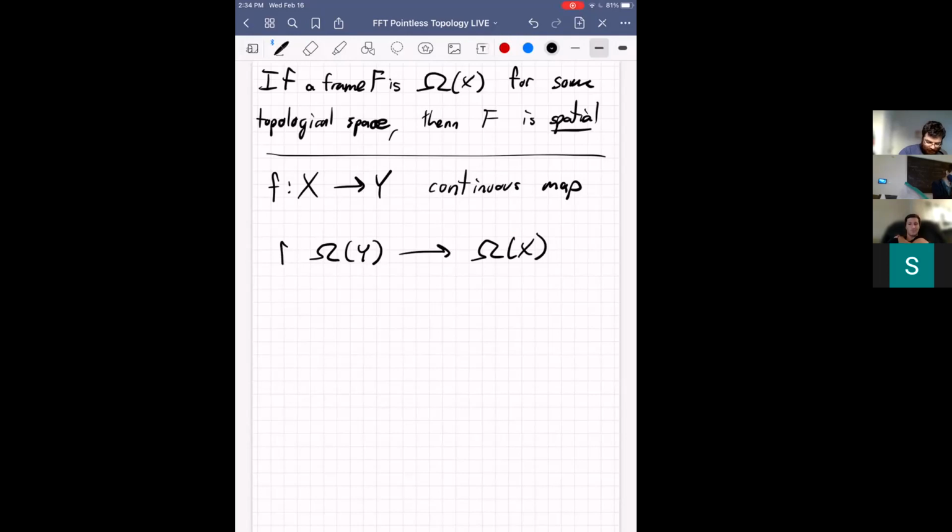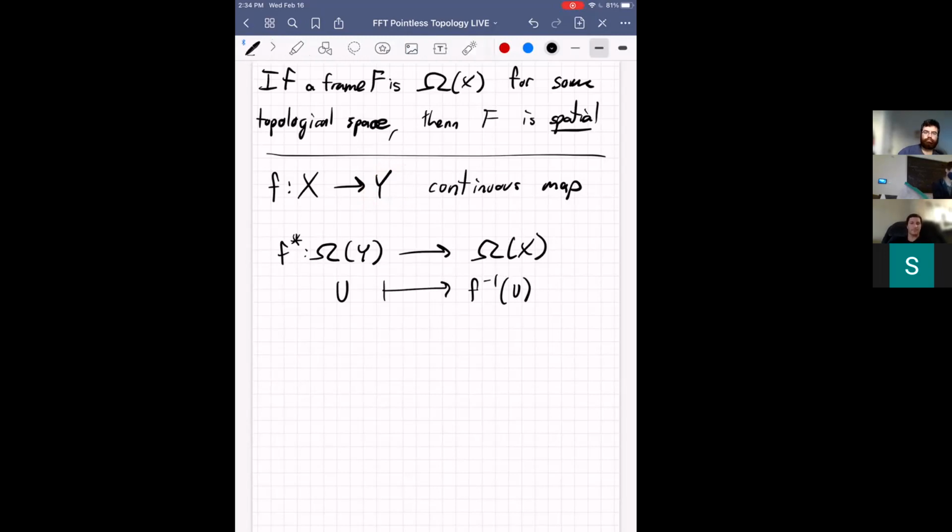It's a map, maybe we could call it f star, from Omega Y to Omega X, which takes an open set U in Y, and it goes to f inverse of U. This is the important thing about continuous maps: the pullback of an open is an open.